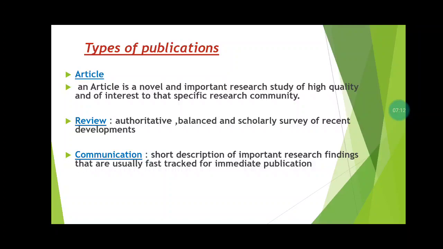Review articles accumulate the results of many different articles on a particular topic. It is an authoritative, balanced, and scholarly survey of recent developments in a research field. And finally, communications. These are very short descriptions of important current research findings that are usually fast-tracked for immediate publication because they are considered urgent.